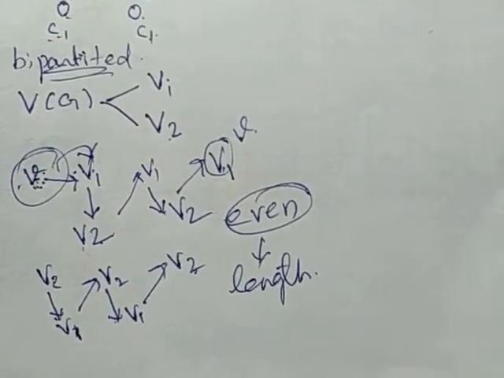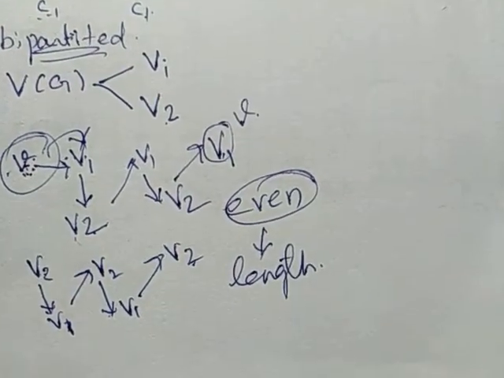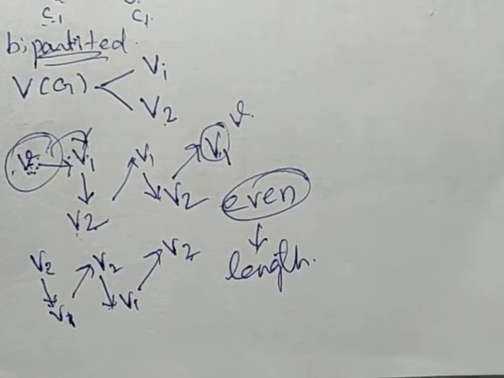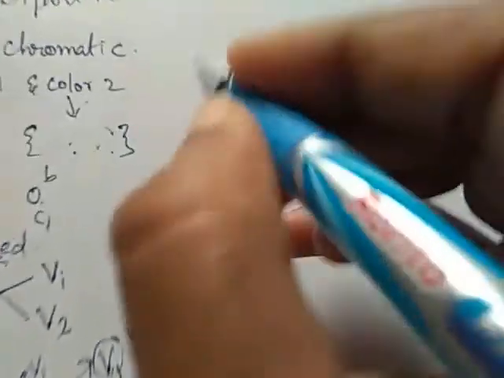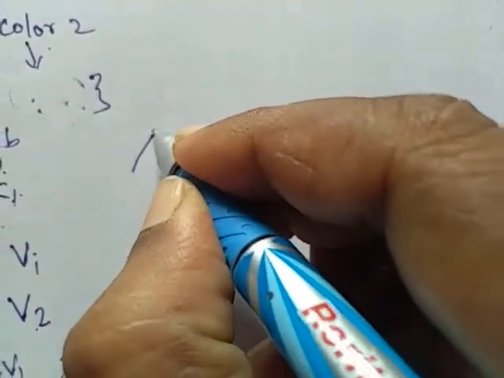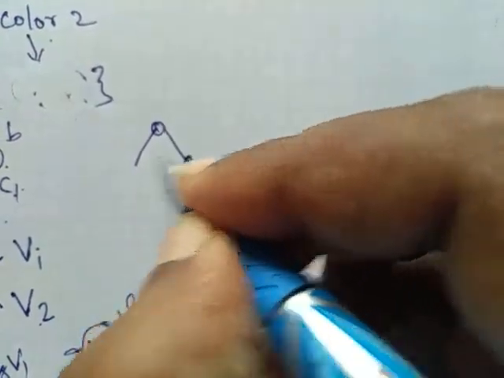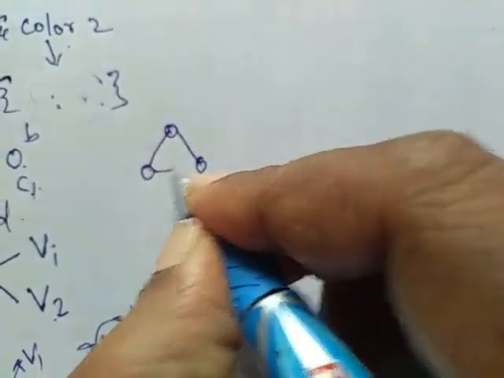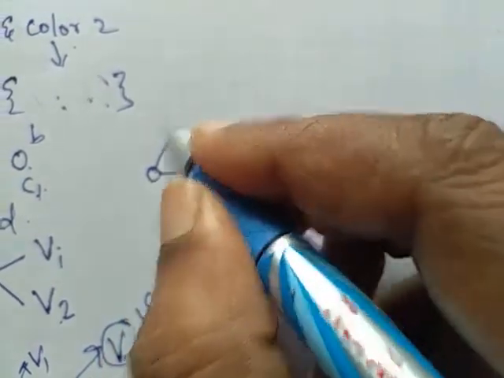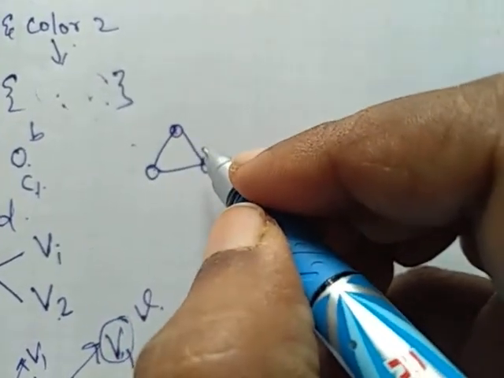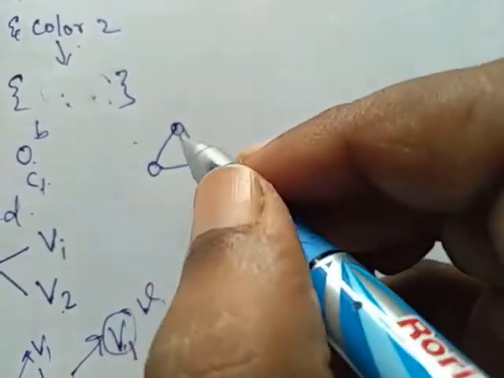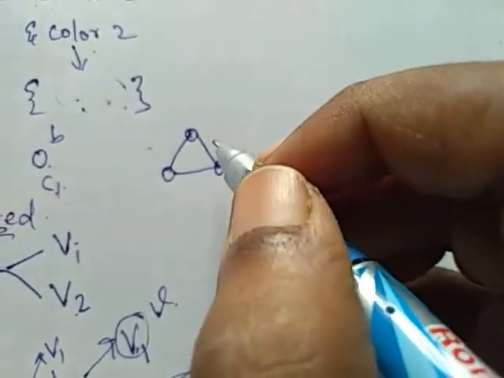Suppose G contains an odd cycle. Then its chromatic number should be 3. As we see, a triangle should have a minimum of 3 colors. This is also a cycle. Then its chromatic number should be 3.